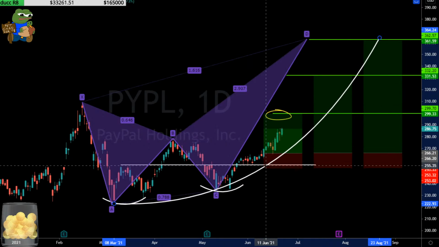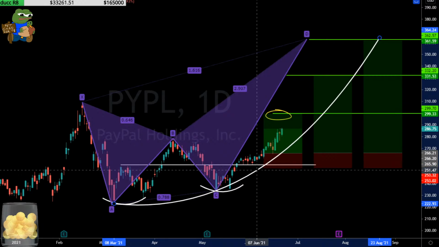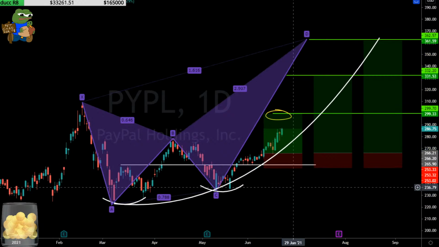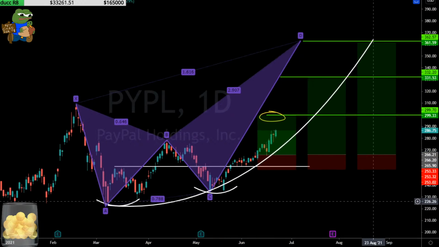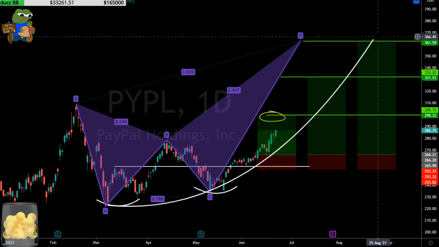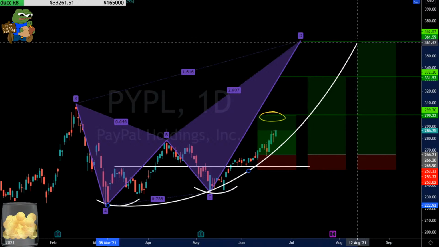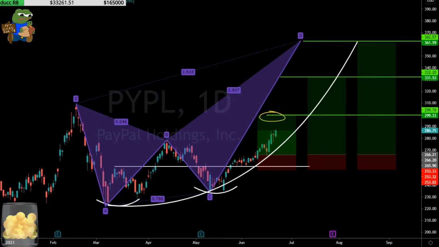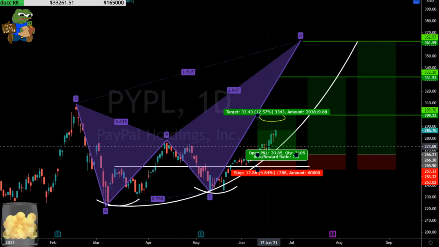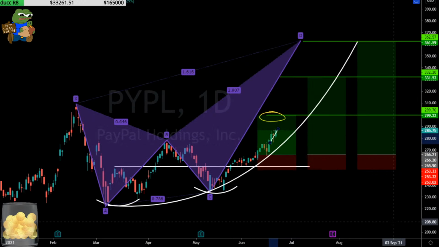That's what we wanted to see happen on these assets, right? We're long on 6-8 assets here on the stonk market, and we wanted to see them go vertical, just like they are doing. PayPal's price action here is looking really nice. Next order of business, $300. You're currently sitting at $286.75.